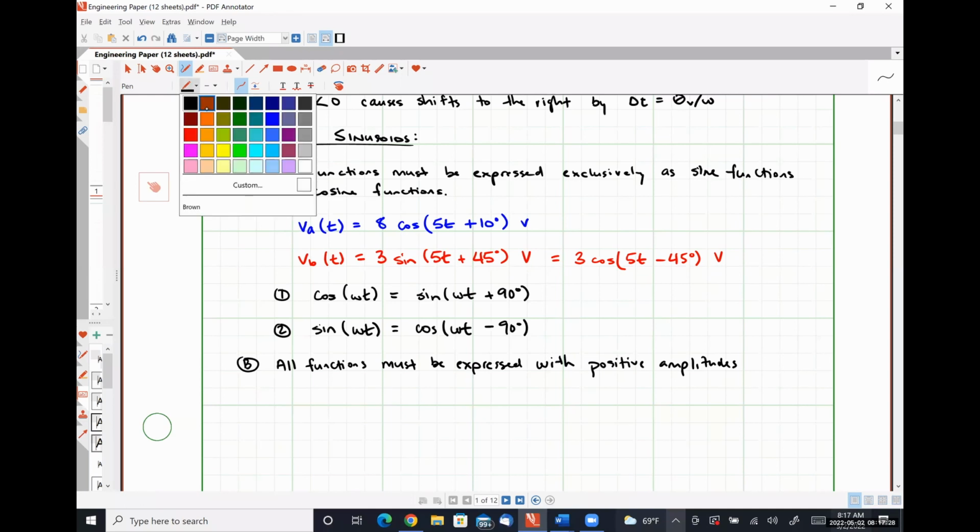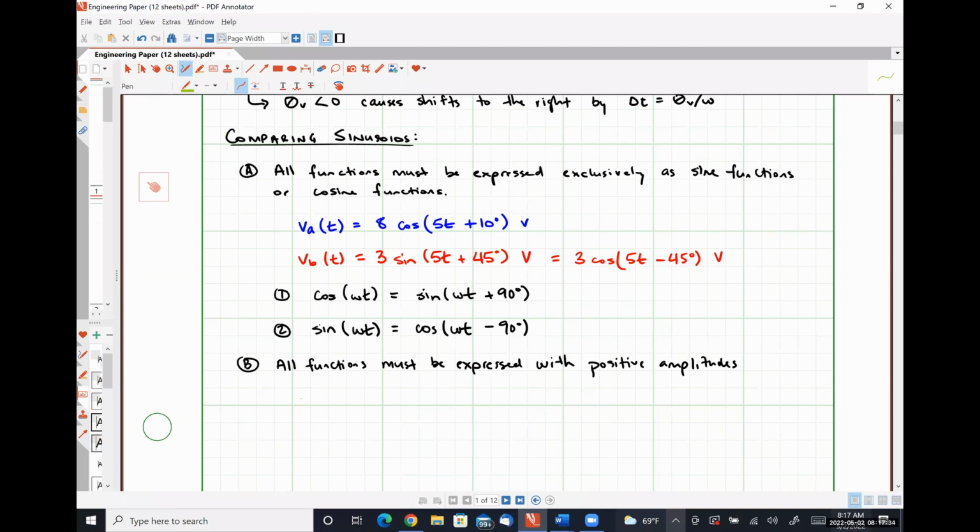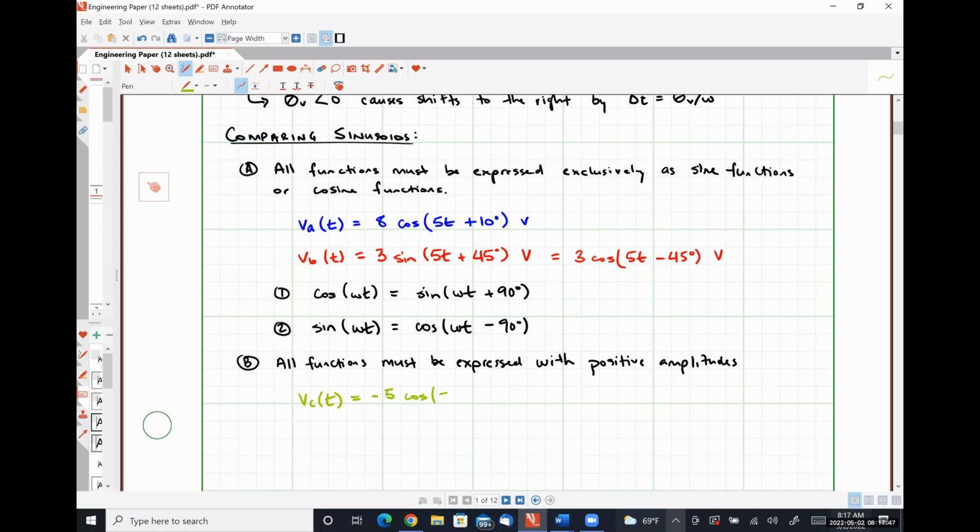So if I had a third signal, let's call it VC of t, equal to -5 cosine 5t minus 110 degrees volts, how would I convert that to having a positive amplitude?